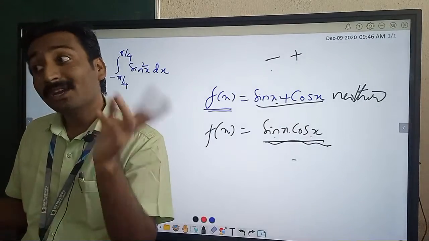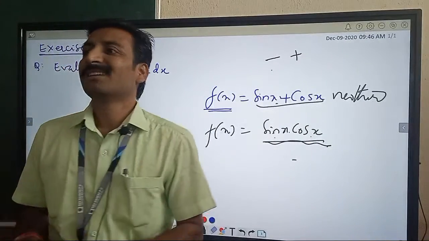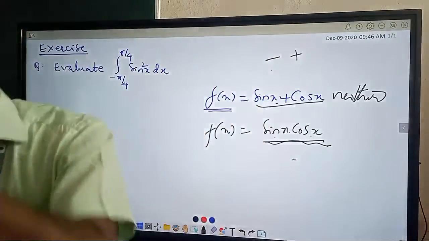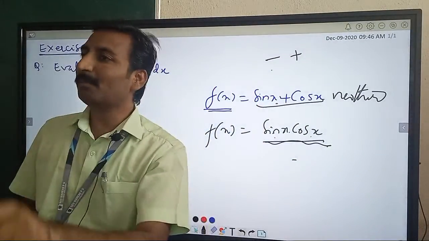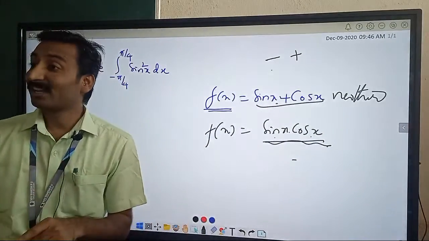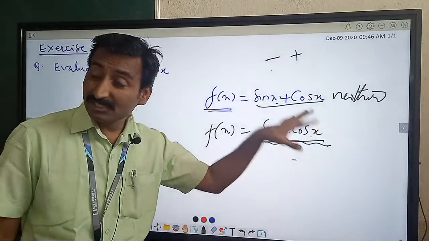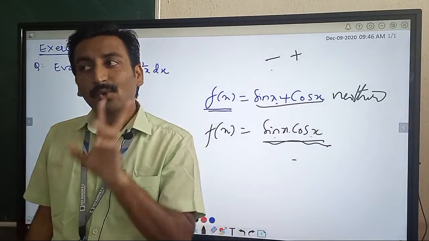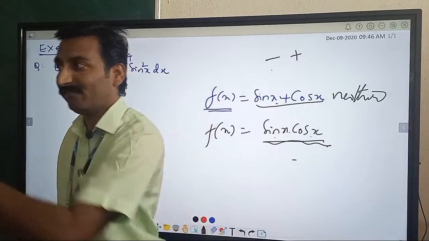But you get the problem with the minus. Twice minus, if you multiply, you get plus, but plus multiplication you will not get minus. So whenever multiplication is considered with odd and even, you have to take care. 2 odd functions give you even.